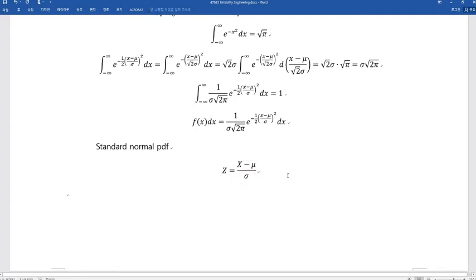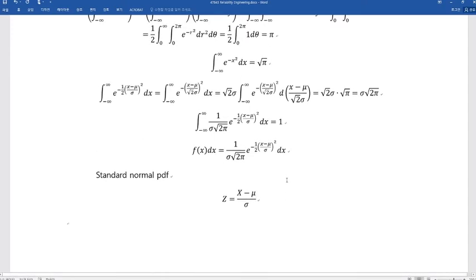And as I already mentioned, you have a tabulated result for the CDF of the standard normal distribution, which we can utilize in calculating many statistical problems.